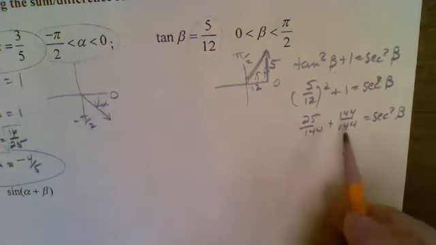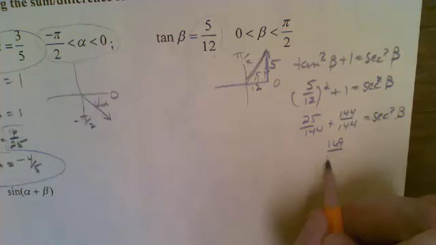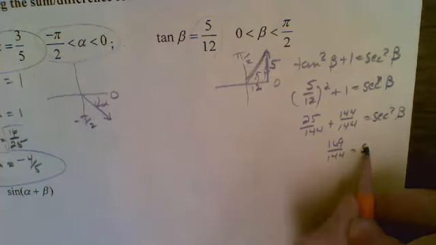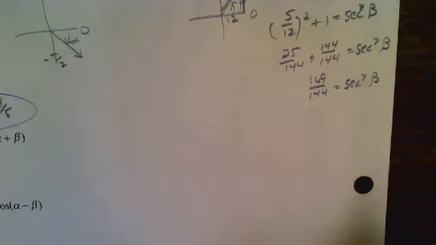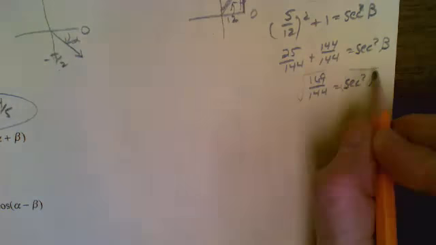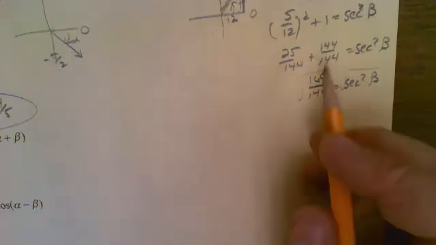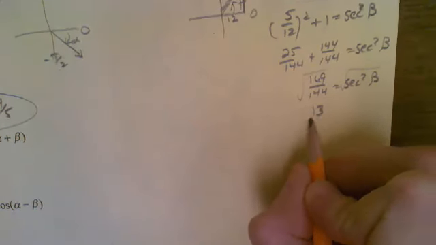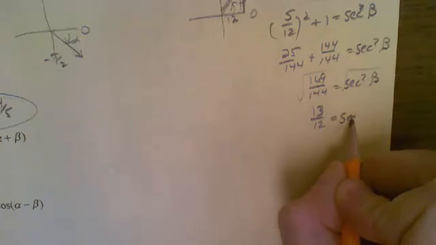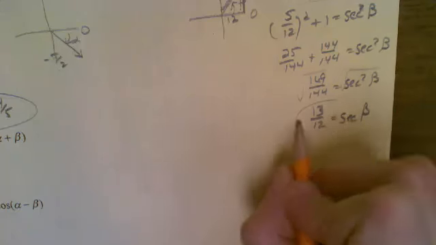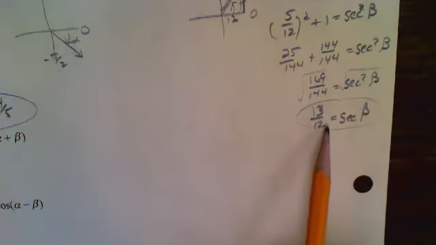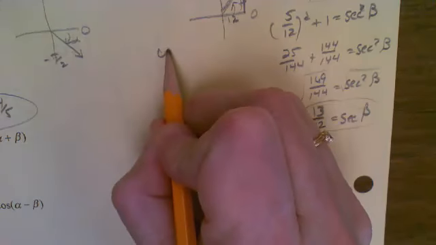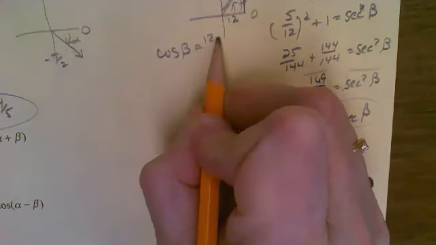And so this would give me 169 over 144 equals secant squared, which would be 13/12 when I take the square root of both. And the secant, because it's in the first quadrant, would be positive, so 13/12 is the secant of beta. But I don't really need to know the secant in my formula. I need to know the sine and cosine. So if the secant is 13/12, the cosine of beta is 12/13.